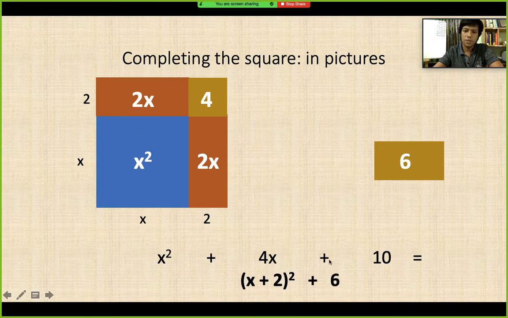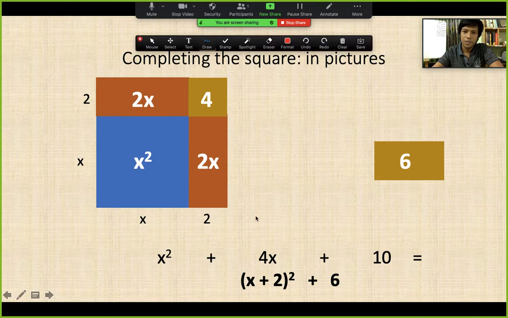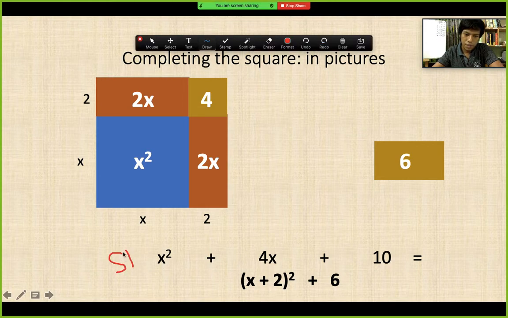So x plus 2 whole square plus 6 makes the square. Visually, this is the thing. If you convert x square plus 4x plus 10 to this form, this is the standard form, and this is the vertex form.